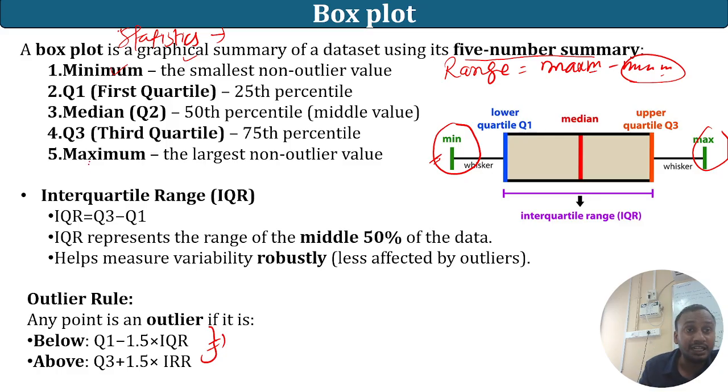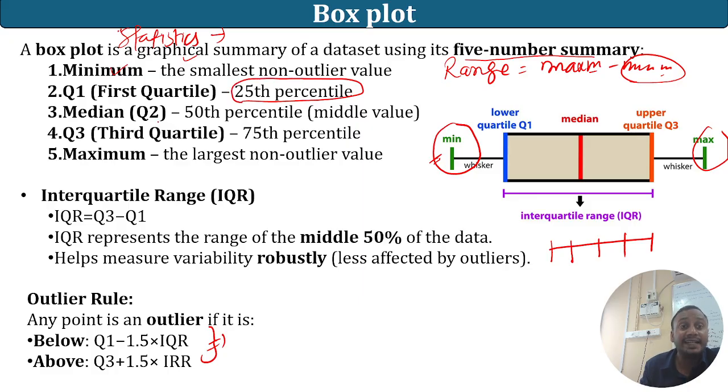Then the quartiles. Quartile means we have to divide the data into four equal parts. One, two, three, four. So the first quartile is the 25th percentile of the data.